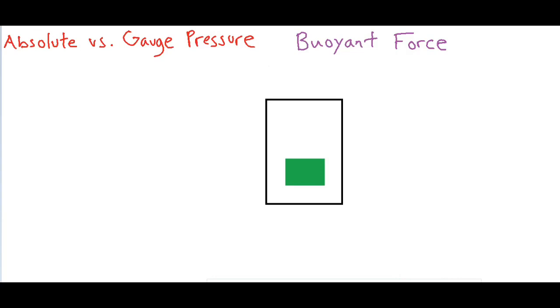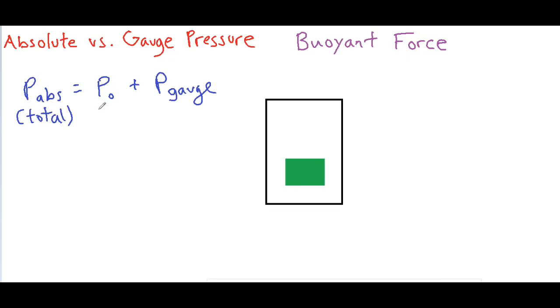So for absolute versus gauge pressure, we have something called absolute pressure, which I would basically call your total pressure. And with that, it's the sum of your P naught plus your gauge pressure.